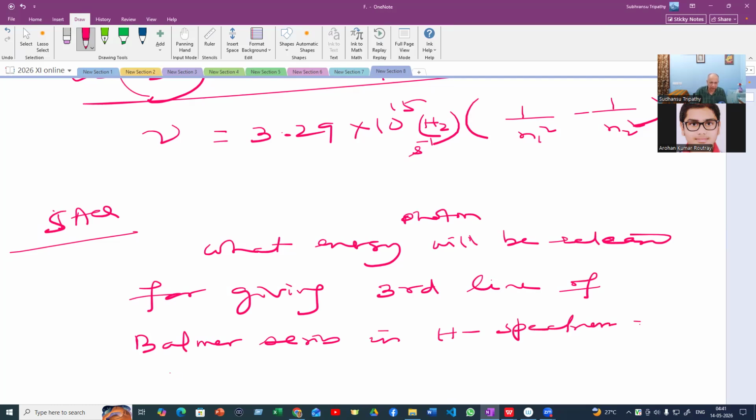Express your answer in electron volt. This time I'm asking to find not lambda, but directly the energy of the photon that is emitted when an electron jumps from a higher shell to a lower shell, resulting in the third line of the Balmer series.